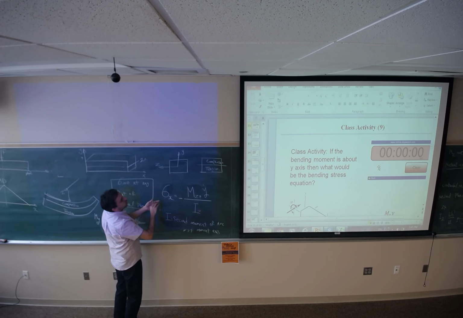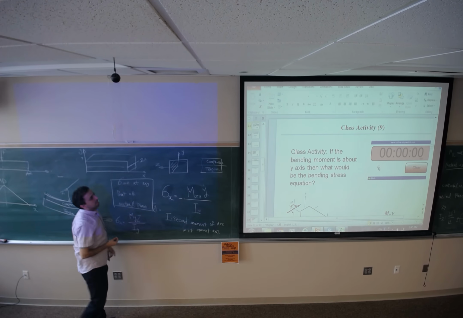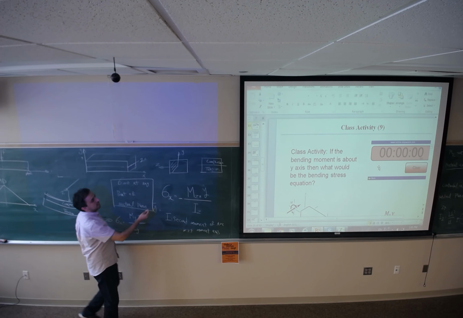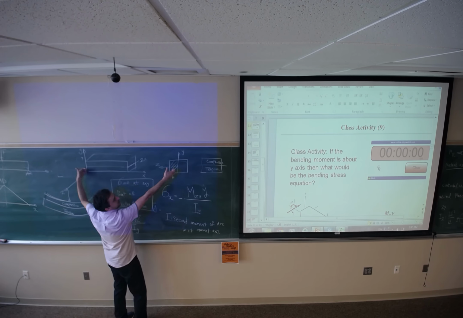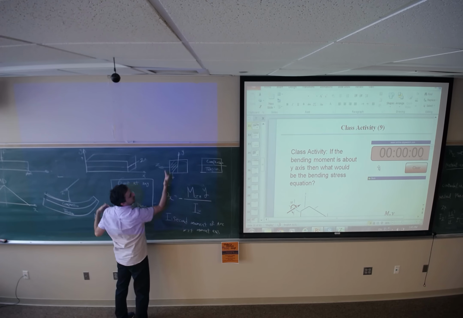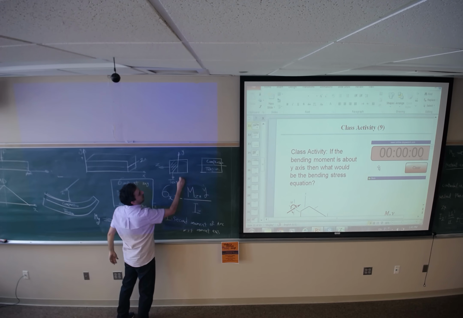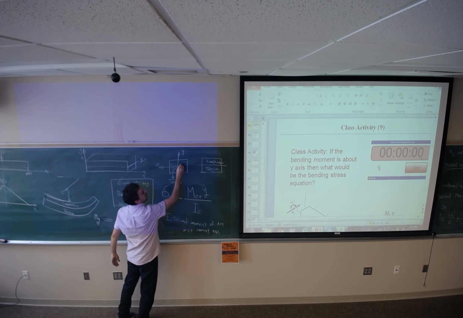So this portion is going to see tensile or compression. If it's bended in this direction, this side is going to see tension, and this part is going to see compression.